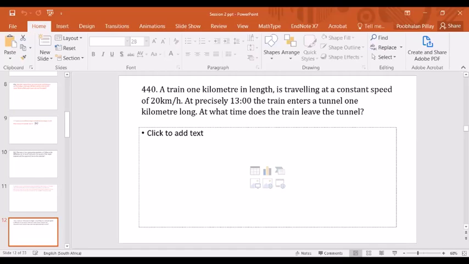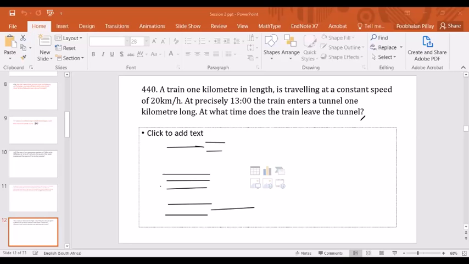Try to understand it. So what we've got here is a train is going through a tunnel.